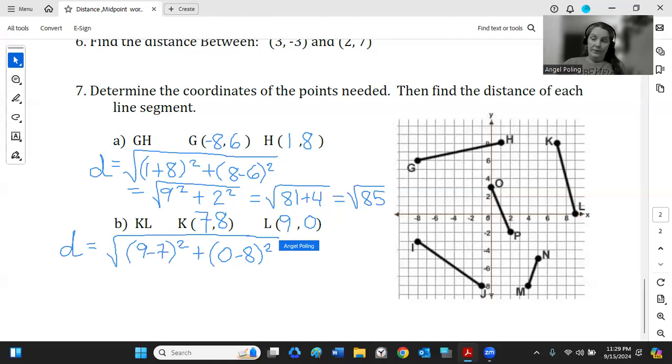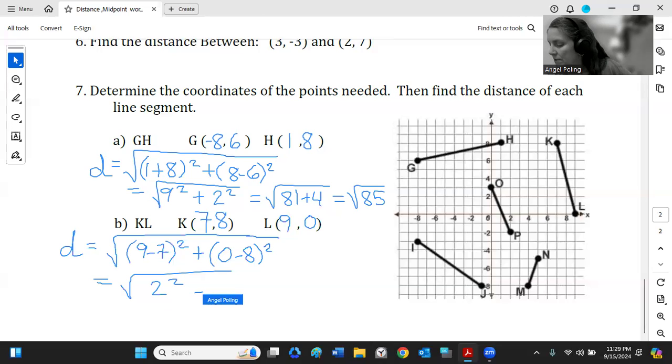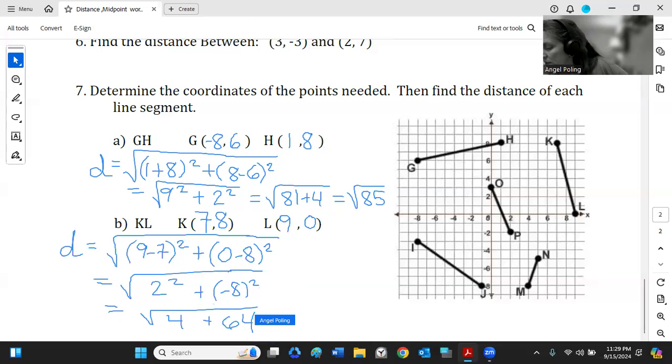And then we'll square root that sum. So here we have the square root of 2 squared plus -8 squared, which is the square root of 4 plus 64, giving us a final answer of the square root of 69.